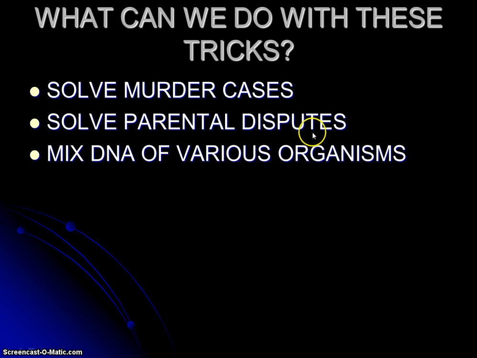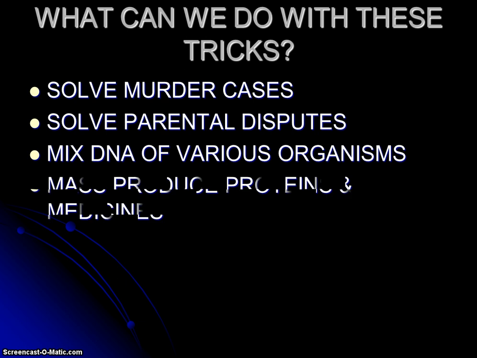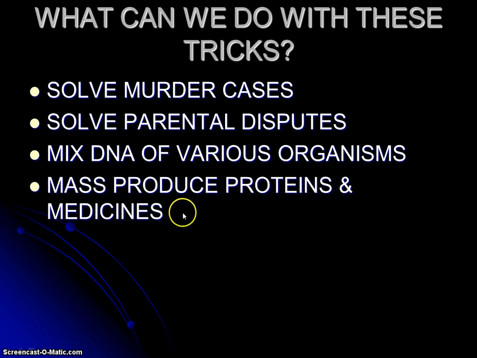That's Jerry Springer-ish. We can create what are called transgenic organisms and mix DNA of various organisms. Take a gene from a lightning bug, for example, and put it into a plant. Kind of crazy. We can mass produce proteins and medicines because we can insert genes into bacteria, allow them to reproduce prolifically and make proteins and medicines for us, kind of tricking them into being slaves.